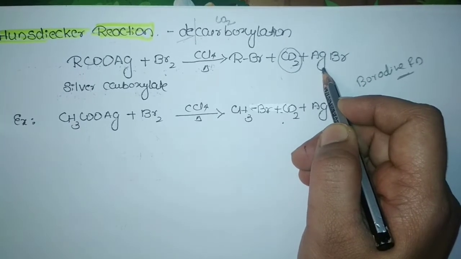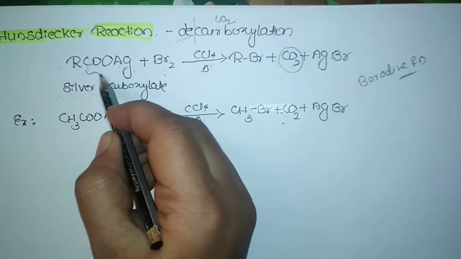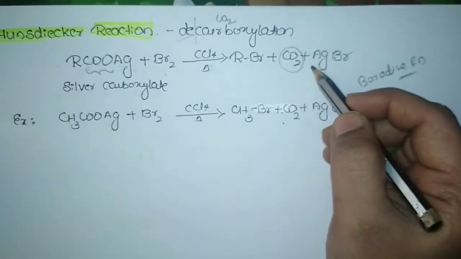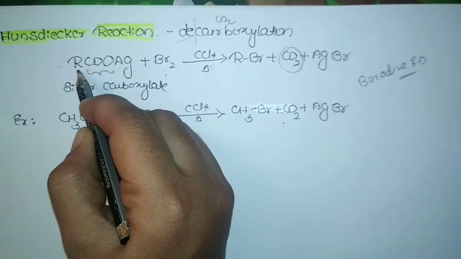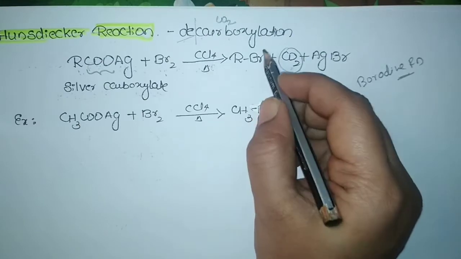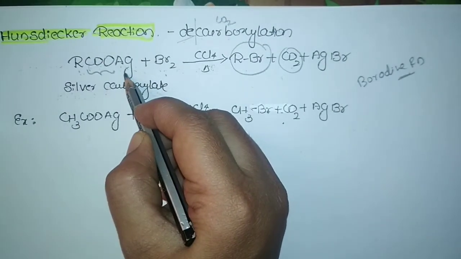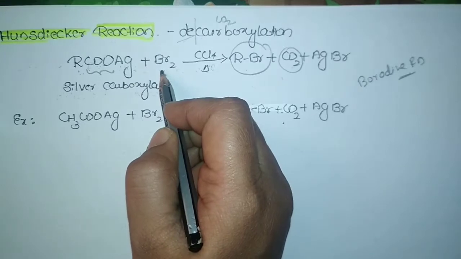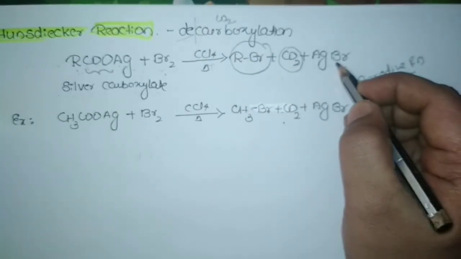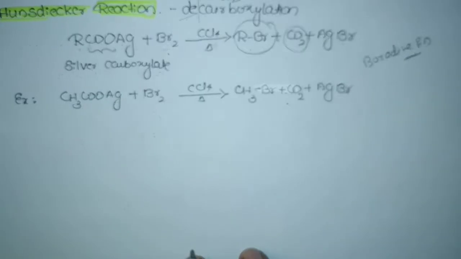This is how the reaction happens. From the reactant, carbon dioxide is released, R forms a bond with one bromine and gives RBr, which is the required product. The silver bonds with another bromide and silver bromide is formed. This is what is called the Hunsdiecker reaction.